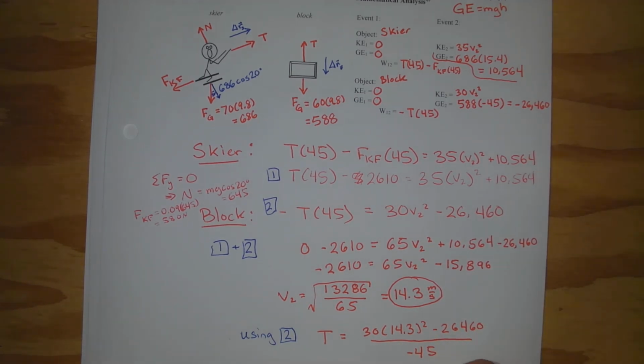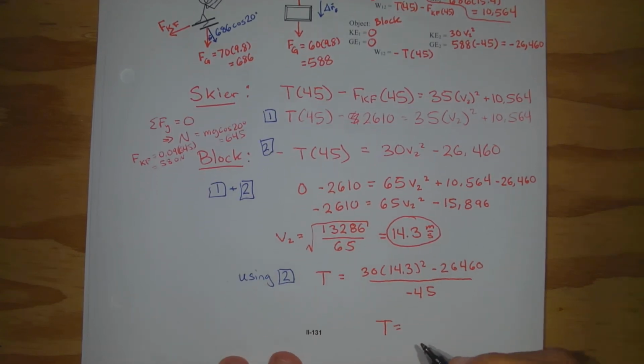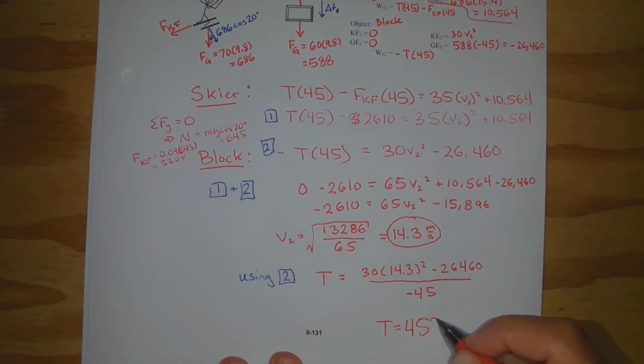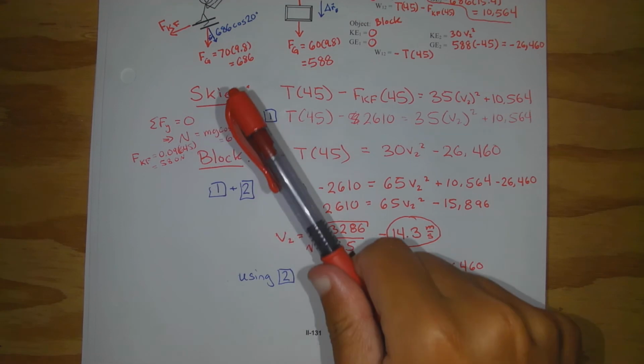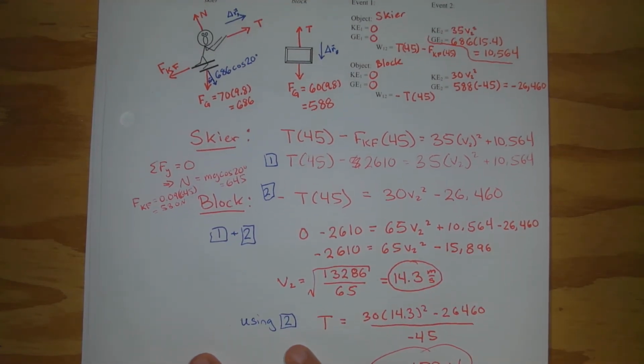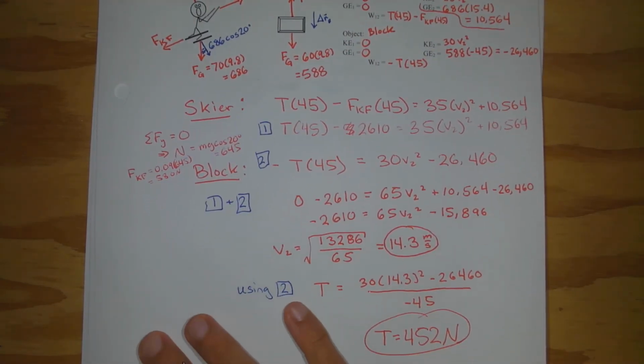And that gives me 452 newtons. So I found all the unknowns in my work-energy relationship, and so now I know all the unknown forces, I know the masses, and I know the final speed.